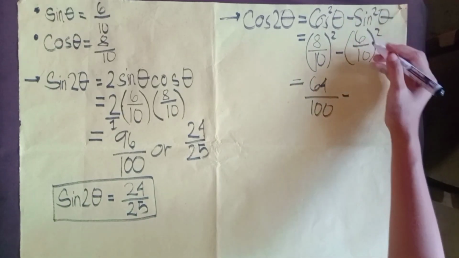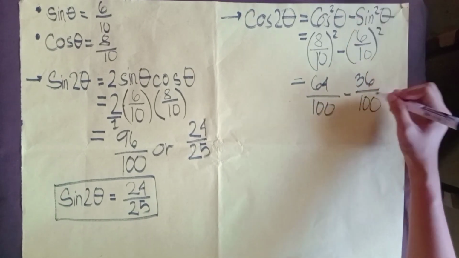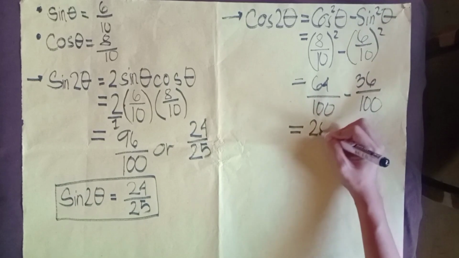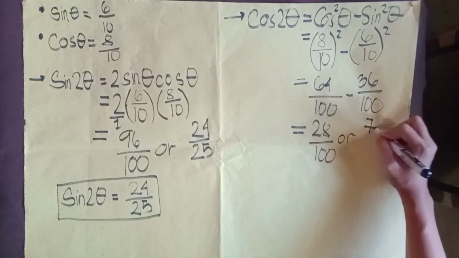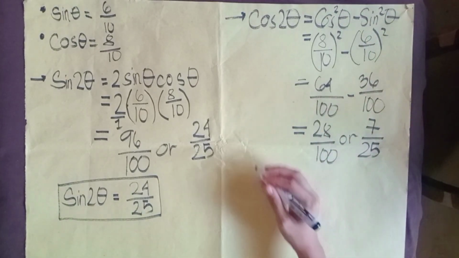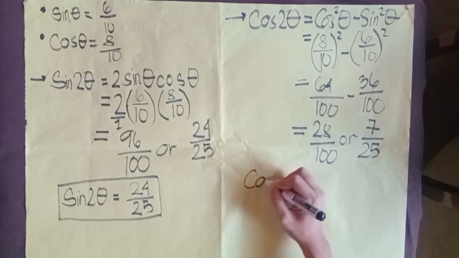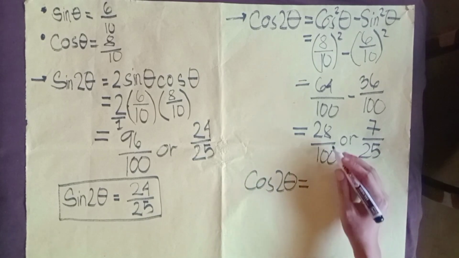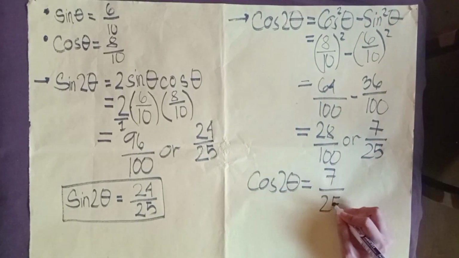And then 10 times 10 is 100 minus 6 times 6 is 36 over 10 times 10 is 100. So 64 minus 36, that is 28/100 or 7/25. So the value of cos 2 theta equals 7/25.